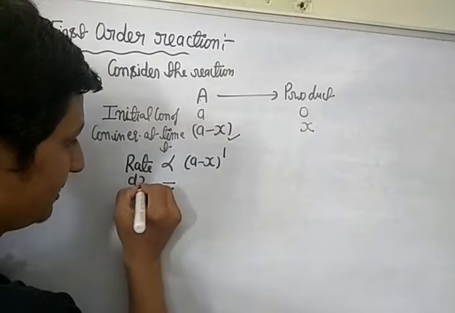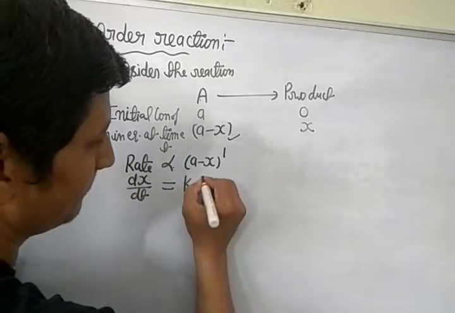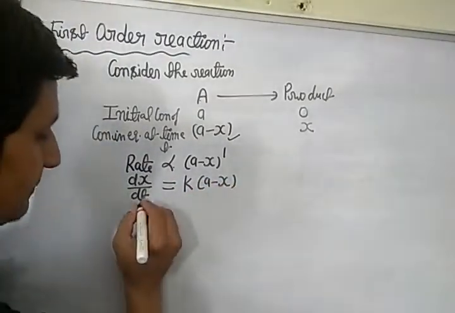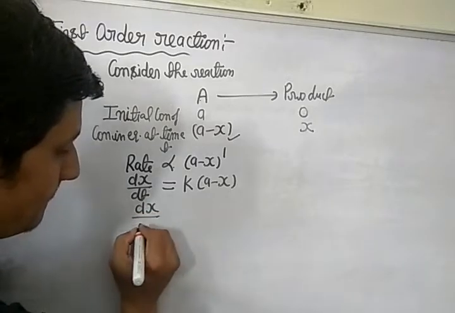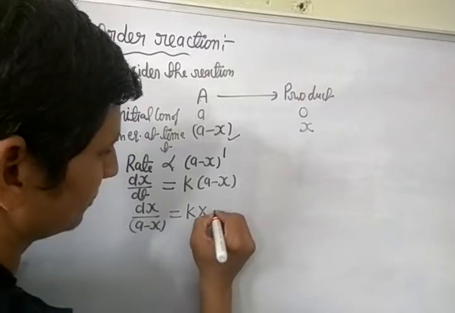Rate is denoted by dx upon dt, so dx/dt equals k(a minus x). So we can write dx upon (a minus x) is equal to k into dt.